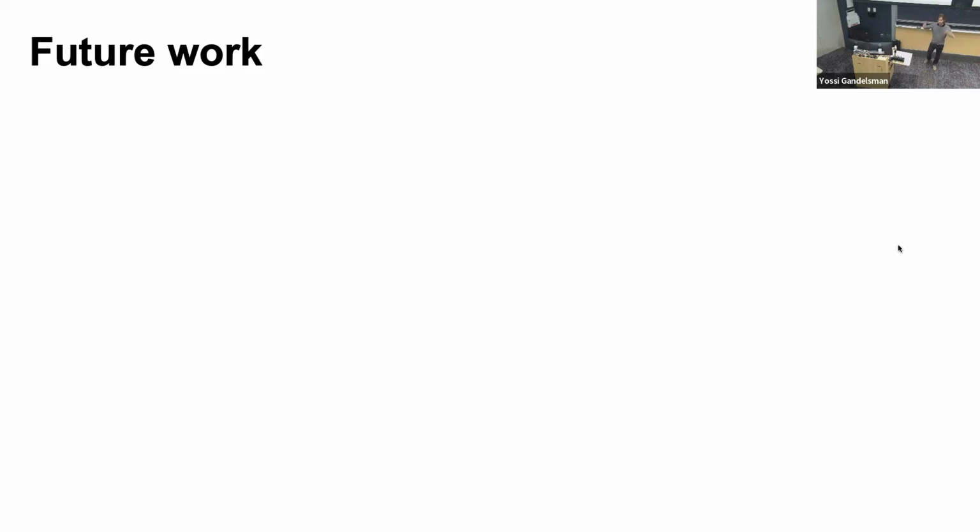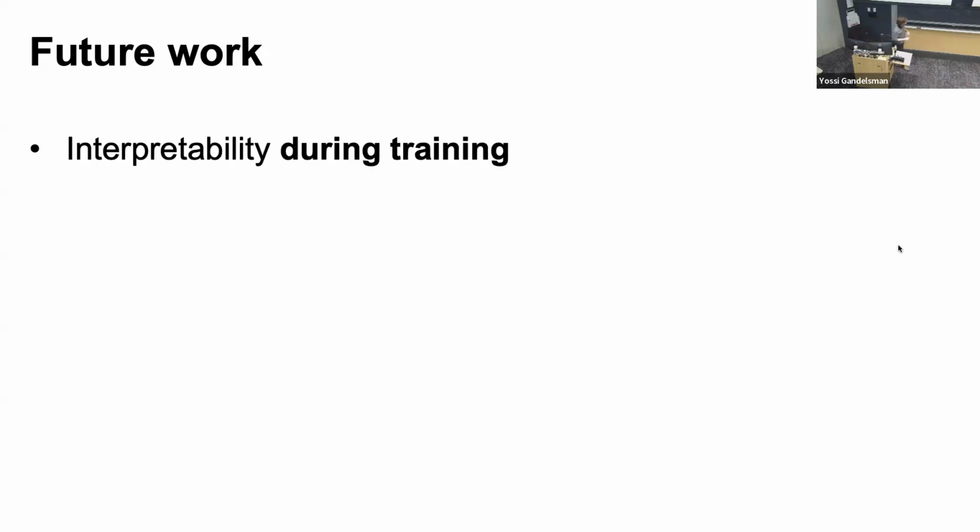Hopefully, one day we will have a system that takes a neural network as input and outputs an algorithm, a hopefully simple algorithm that, of course, doesn't describe the full neural network, but explains 80% of it, meaning 80% of the performance of the model can be recovered by these techniques. But before getting there, we first need to look at interpretability during training. What I showed you now is mostly interpretability of models that are already trained.